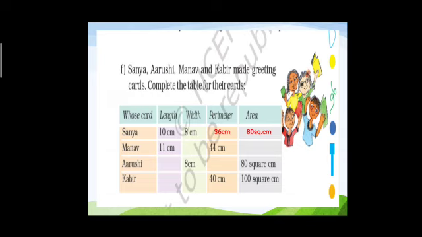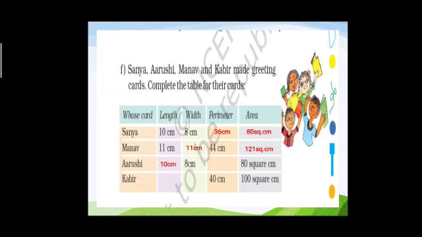In the next question, the perimeter is given to us, 44 centimeter, and the length is given. So students, what could be the width? Yes, 11 centimeter, and its area is 11 into 11, 121 square centimeter.